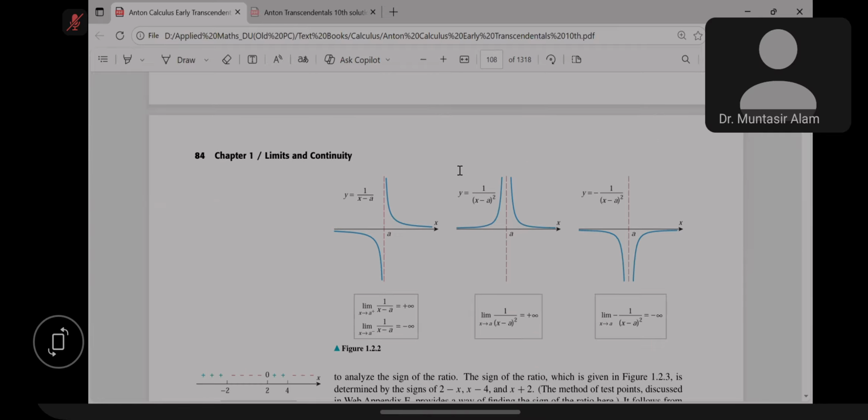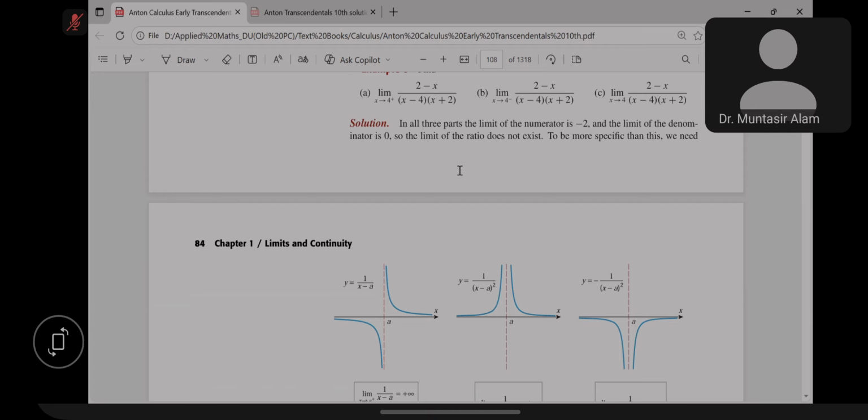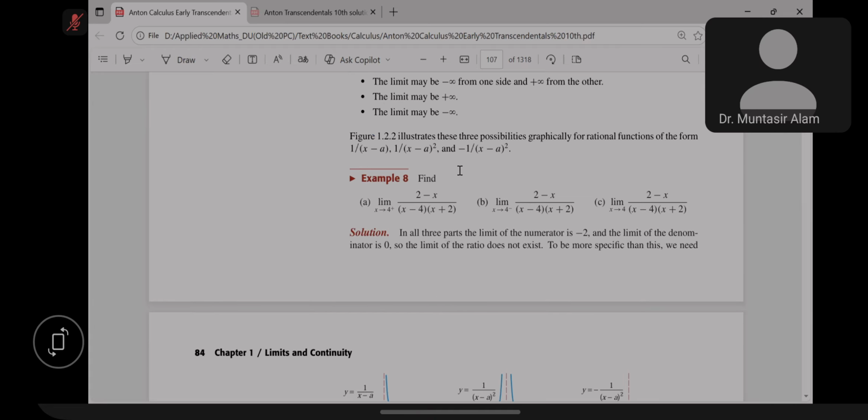Can someone elaborate the reason? Can anyone tell how the three parts in example 8 are different from each other, or you can say what are the differences between the three given problems?